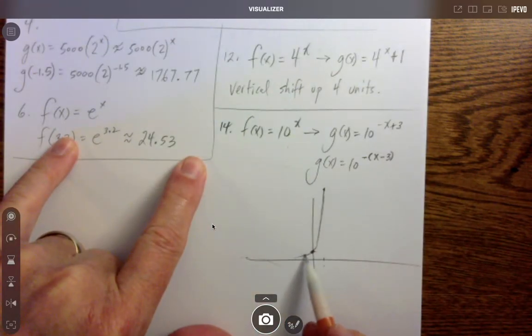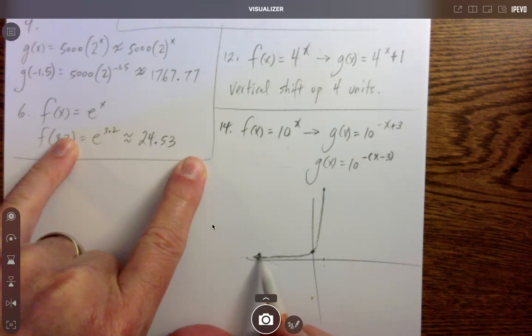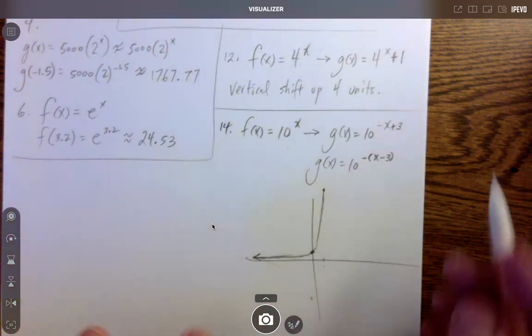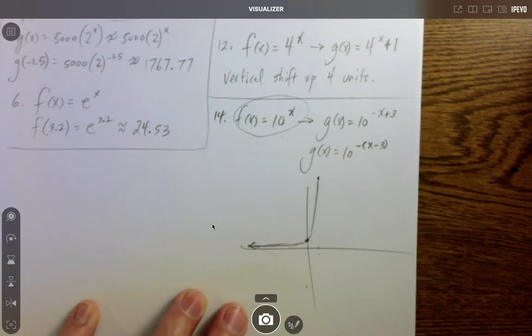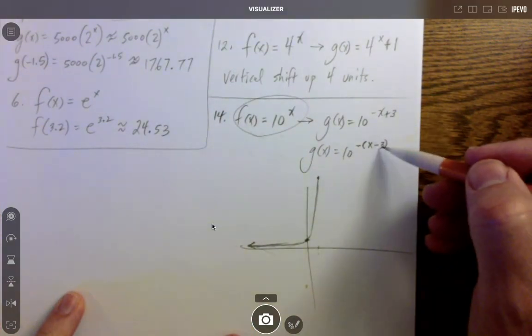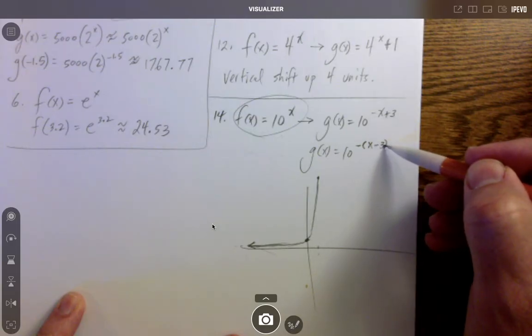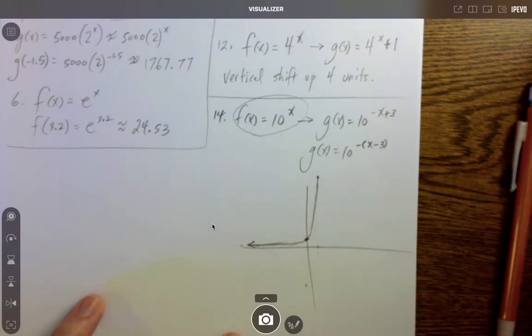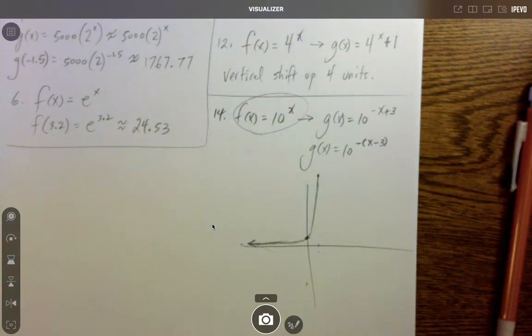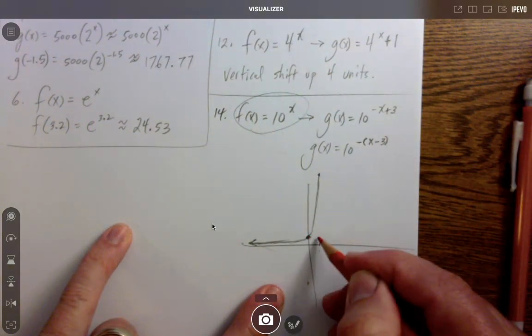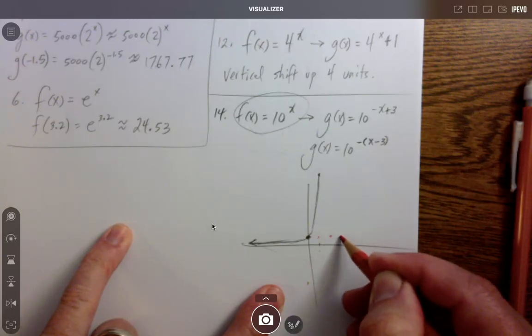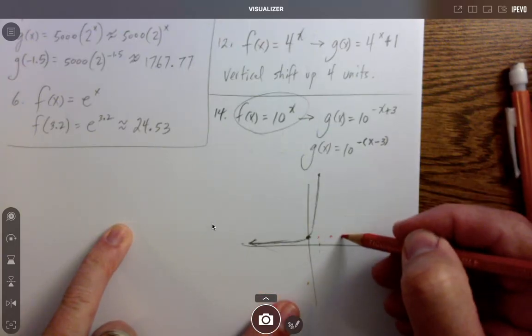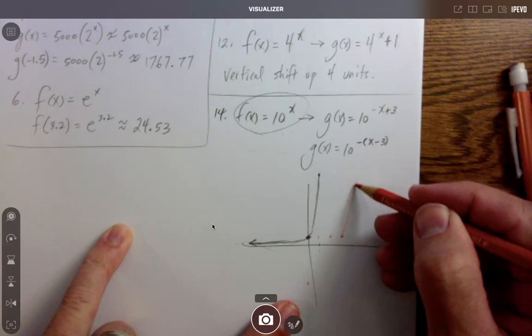It's going to get very close to the x-axis quickly. All right, so that's what this one looks like. Something like that. Well, when I do this x take away 3, that is going to shift everything to the right 3. So that means this point is going to move over 1, 2, 3. So now it's going to do something like this.